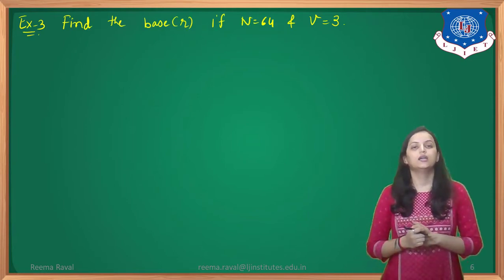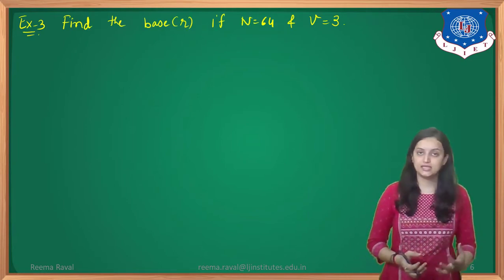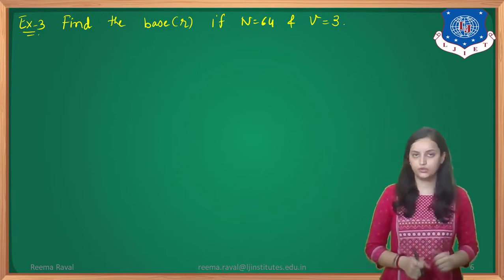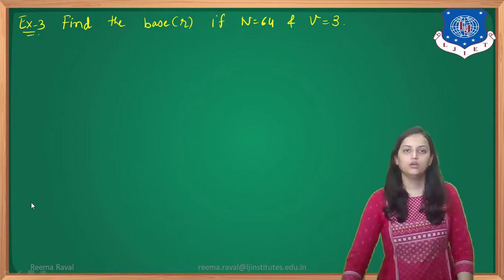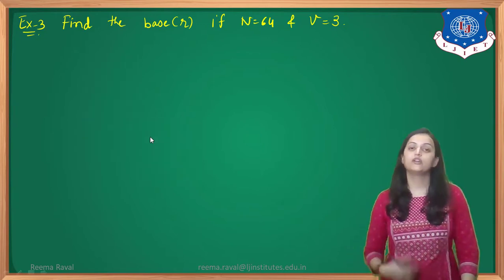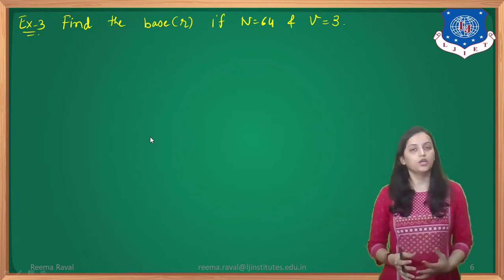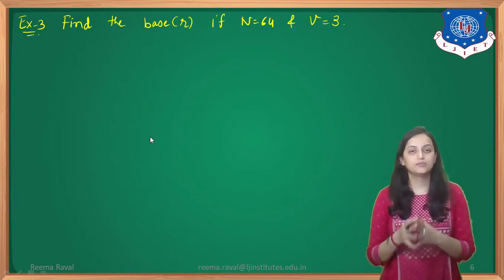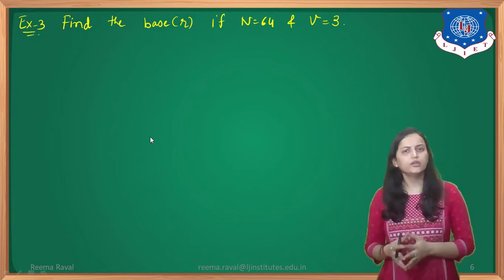Here it is asked to find the base, that is r, if n equals 64 and v equals 3. So here the base is to be found instead of the number of stages. That means the number of stages is given to you and you need to find the radix, or base.